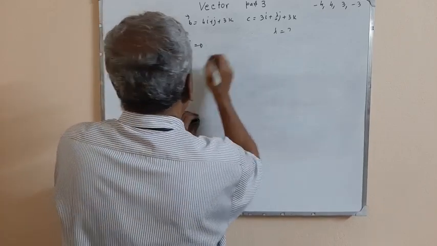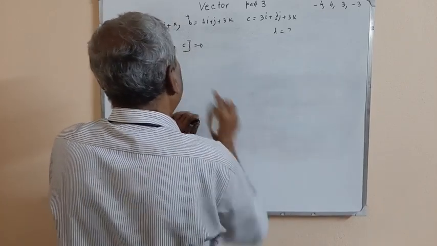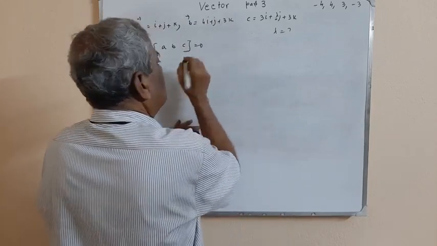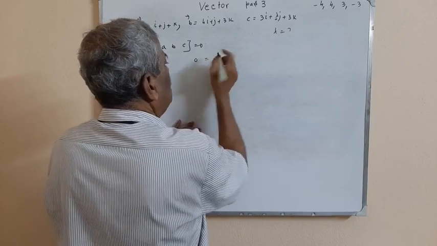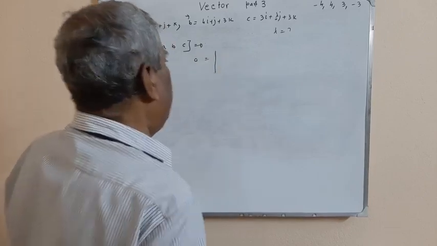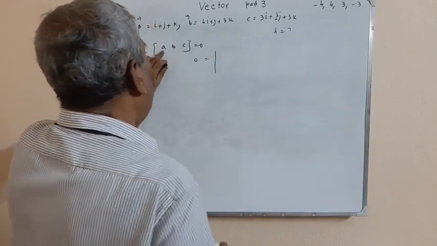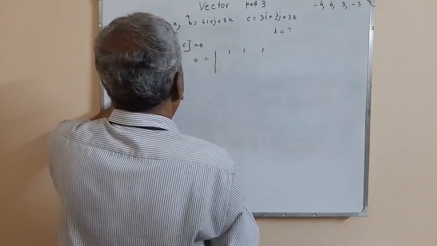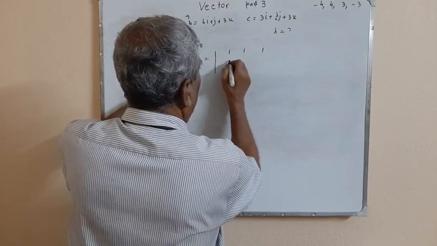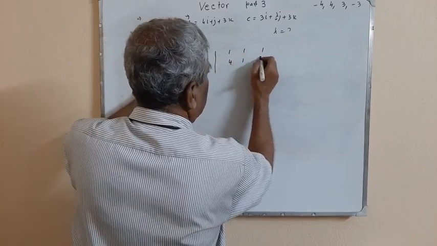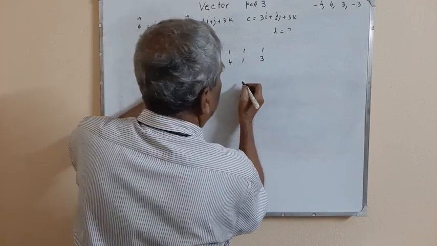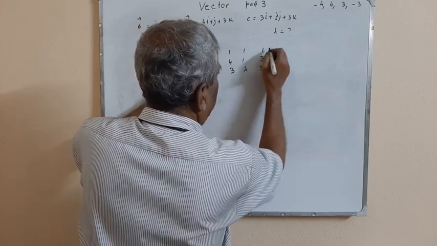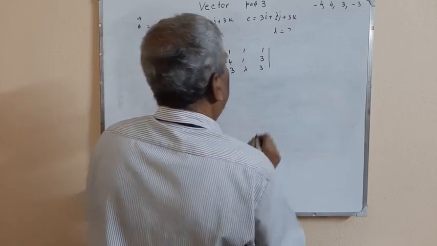[A B C] is nothing but A dot B cross C, or actually this 0 is equal to the determinant of the component of A, 1, 1, 1, then the component of B, 4, 1, 3, then the component of C, 3, lambda and 3. This is equal to 0.